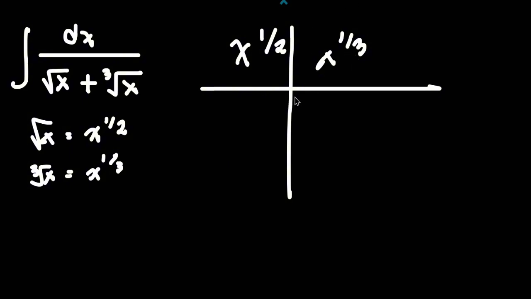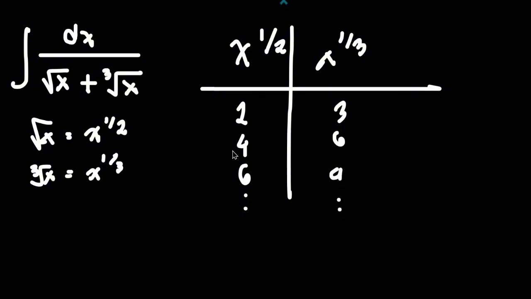But how do you do that? Well, simply get the denominators, which are 2 and 3, and list their multiples until you get the least common denominator, or the least number that is similar to each term. So here we have 2, 4, 6, and so on. We have 3, 6, 9, and so on.